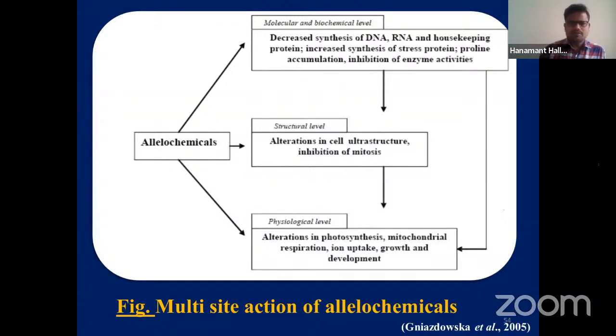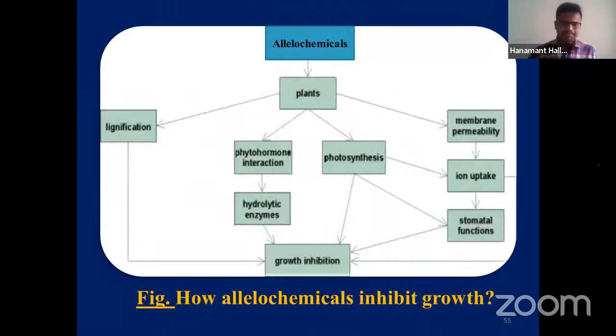Allelochemicals also affect at structural levels, with alteration in cell ultrastructure or inhibition of mitosis. They also affect at physiological levels, mainly by alteration in photosynthesis, mitochondrial respiration, ion uptake, growth, and development.